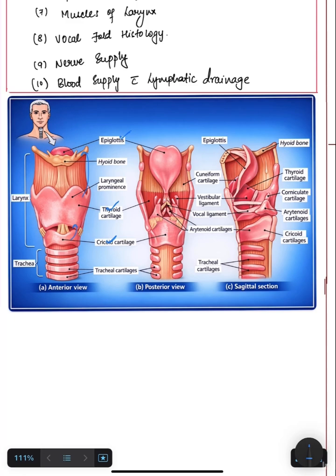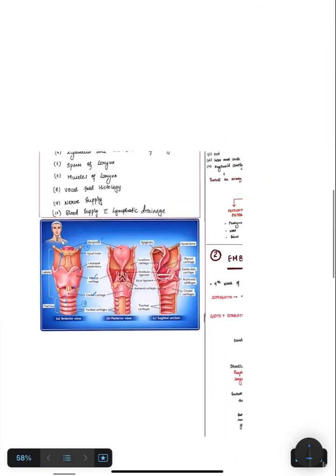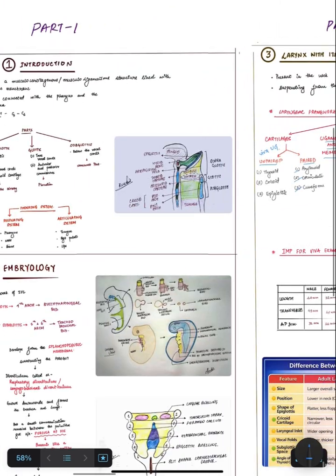But any ligaments that are connecting thyroid with hyoid, because hyoid is not a part of larynx, or cricoid with trachea, because trachea is not a part of larynx, are extrinsic ligaments. I hope this is clear, and it's quite easy to understand in this way.